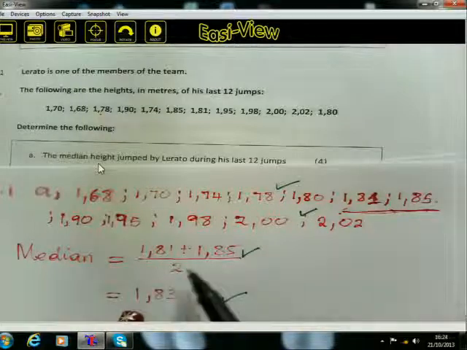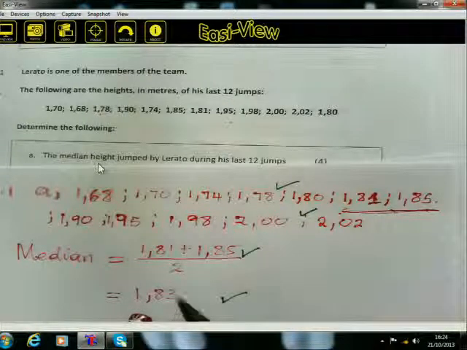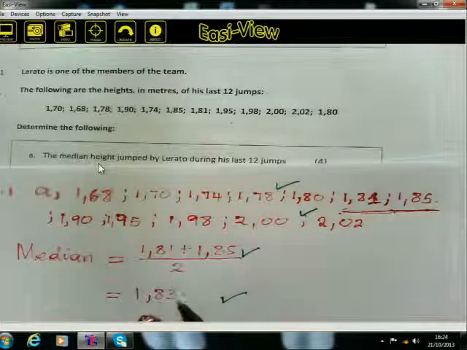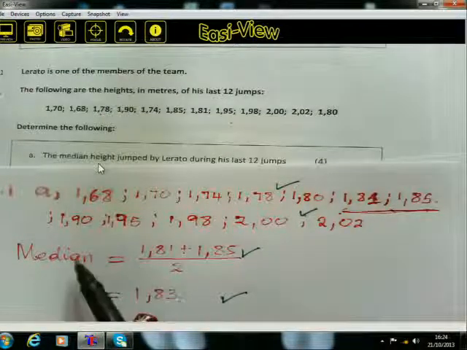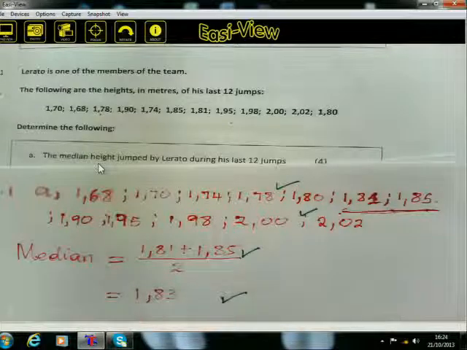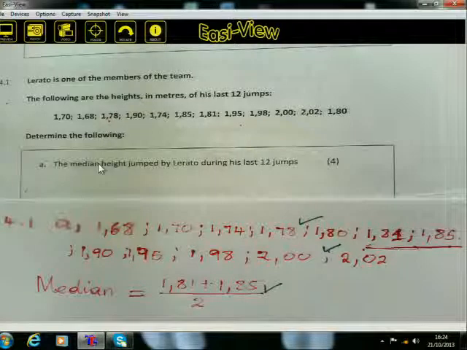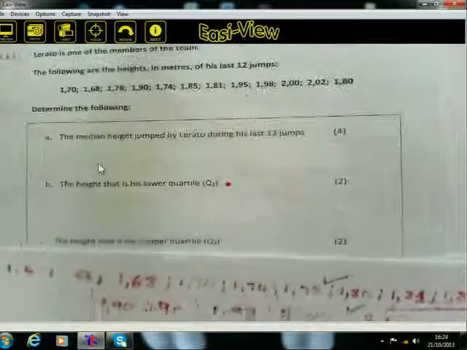Then you divide it by 2. Thereafter, you get an answer which is 1,83. 1,83 is your median. So you have answered 1.4.1 number A.